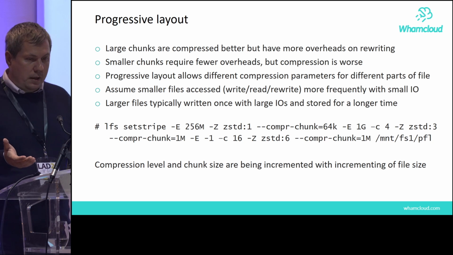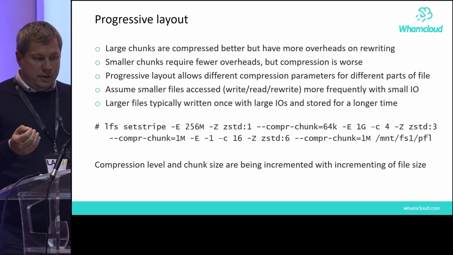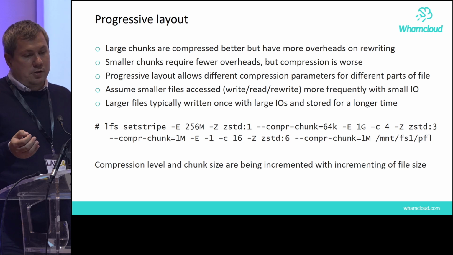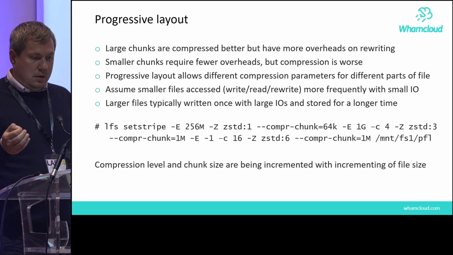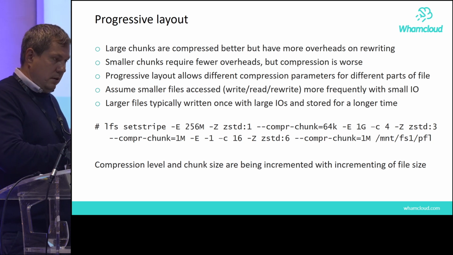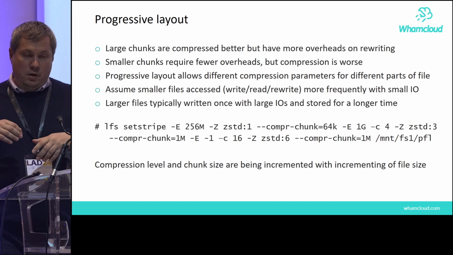Another example: again, Lustre is so flexible that it allows us to set some scripts, where we start a file with one set of options and then change them to another.